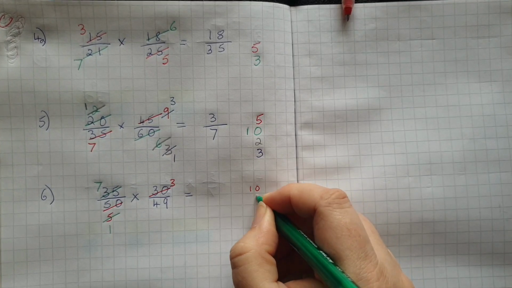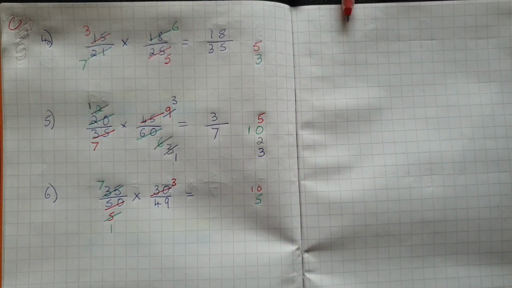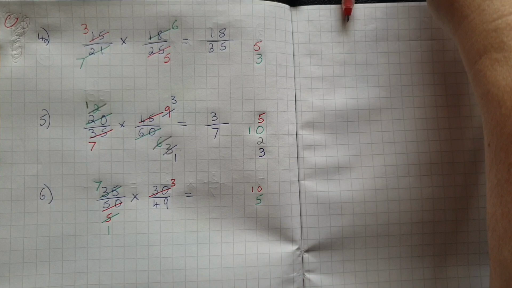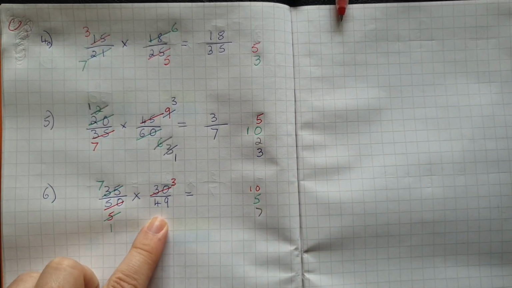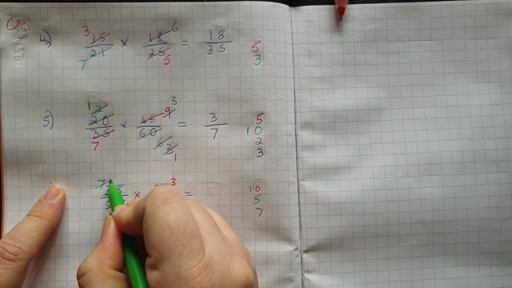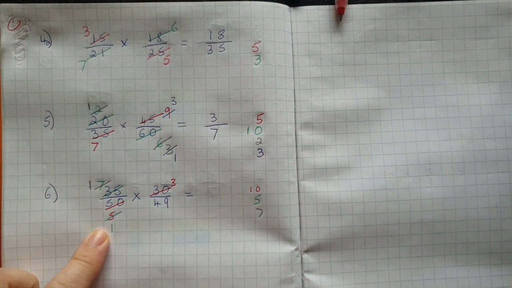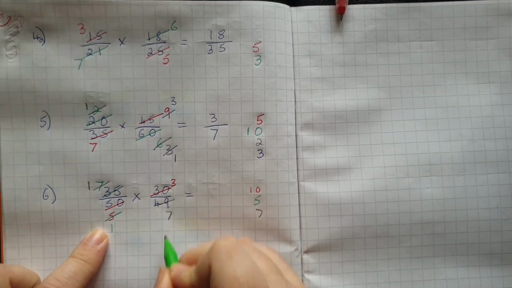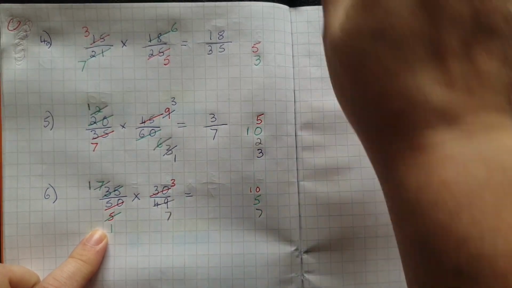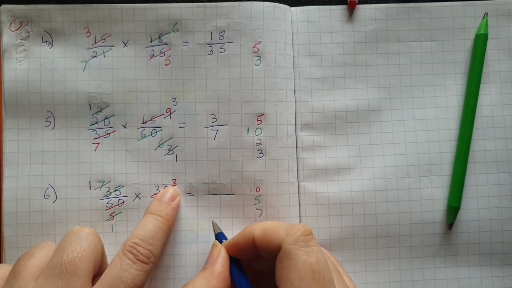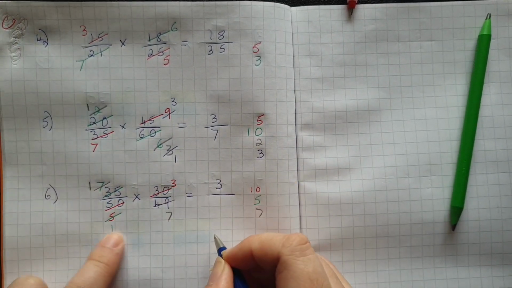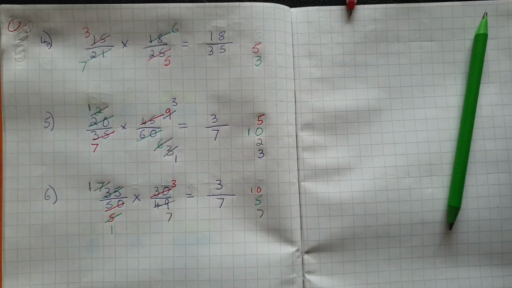That was the 5s. 7 and 49 are both in the 7 times table. So that can go down to 1, 1 over 1, very easy to multiply by, and that goes down to 7. So we'll end up with 1 times 3 is 3, 1 times 7 is just 7.